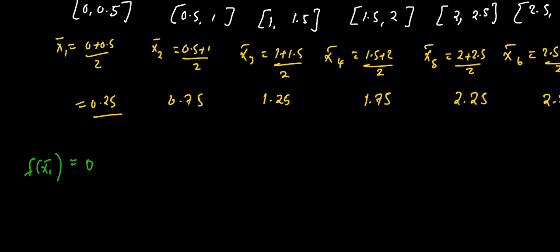That gives you 0.0625, then 0.5625, 1.5625, 3.0625, 5.0625, and lastly you get 7.5625.